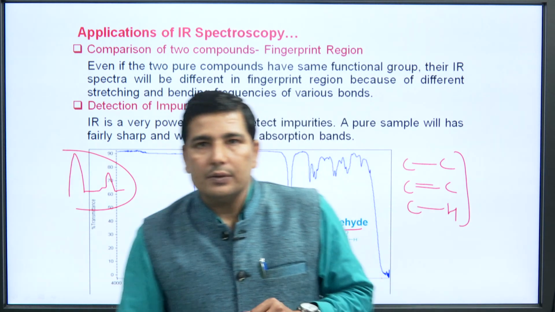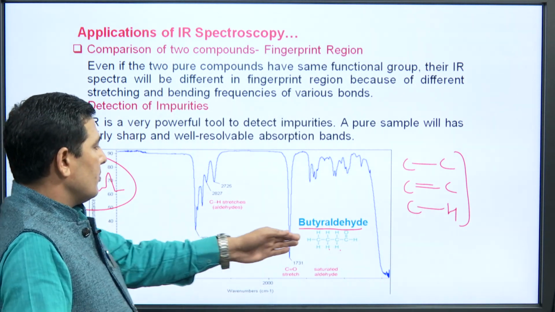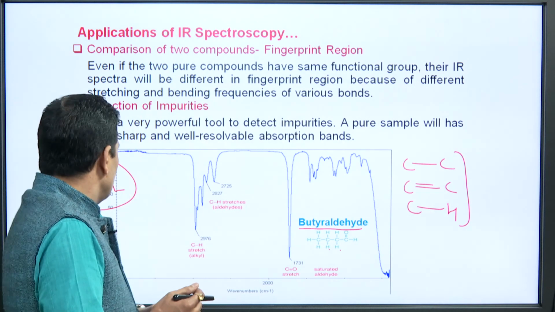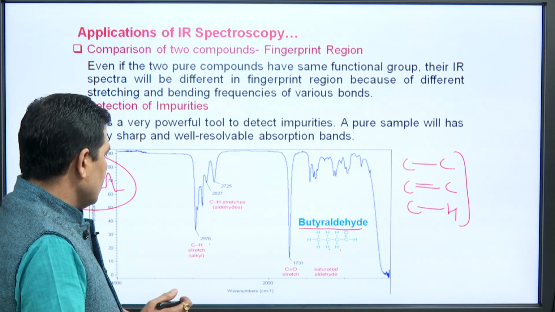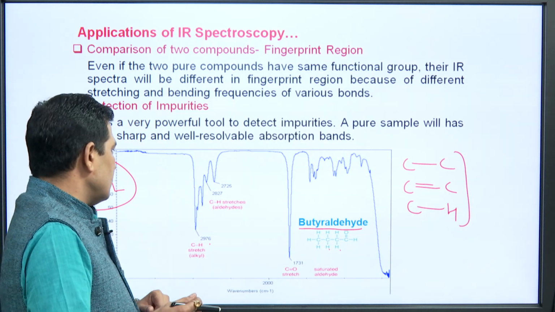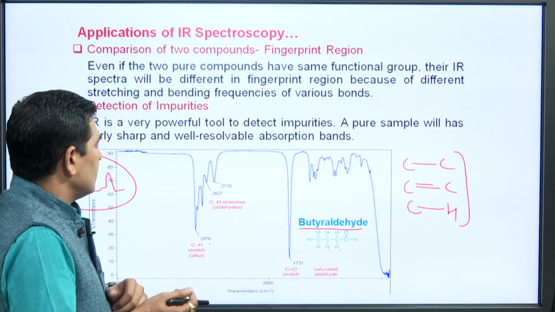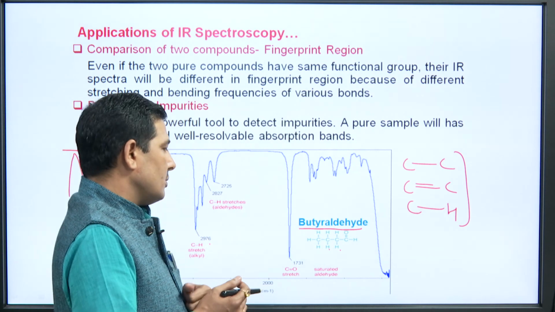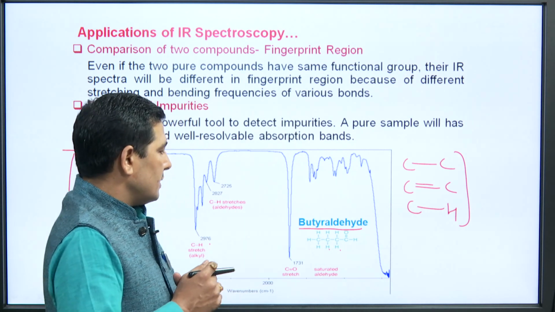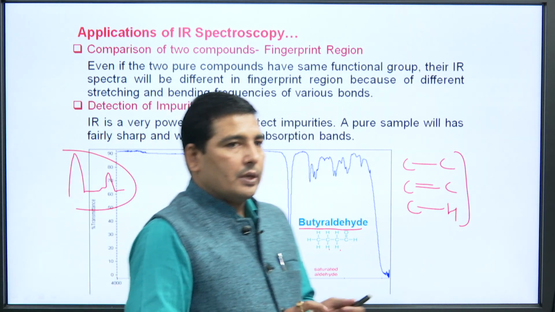So, you can see the spectrum of this compound, butyraldehyde, where this is the peak for CH stretching, that is 2976 centimeter inverse, and CH stretching of aldehyde at 2827. Another is the C double bond O stretching at 1731, and other peaks you can identify.